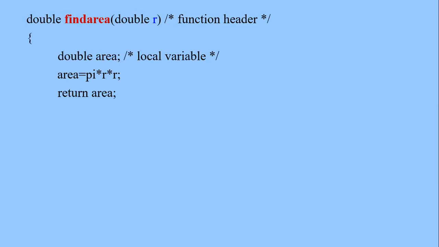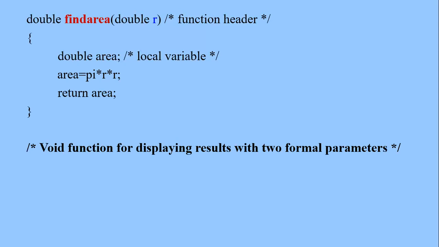It is returning it as find area. So in the calling statement, find area will be representing the content in the memory location here called area. So find area will return a value of type double to the calling statement. And that's all. So this function is computing the area of the circle.